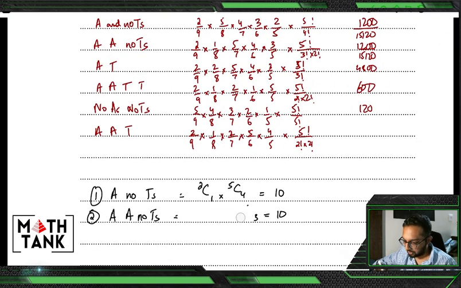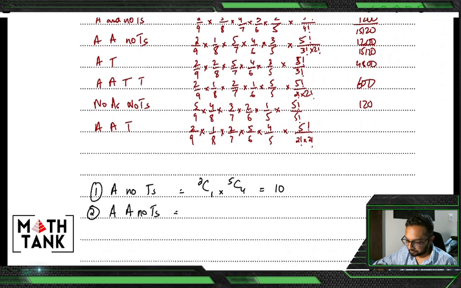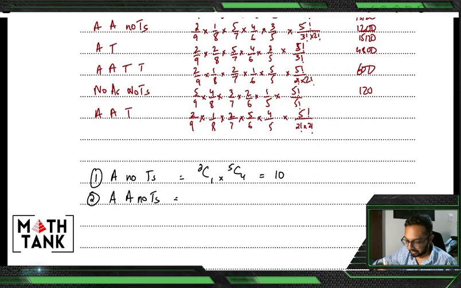I should do it a bit different. Okay, for this second case, two A's and no T's, I need to select two A's, both the A's get selected, and no T gets selected. So 5C3, I needed two more. So 5C3 into 1 gives me another 10.